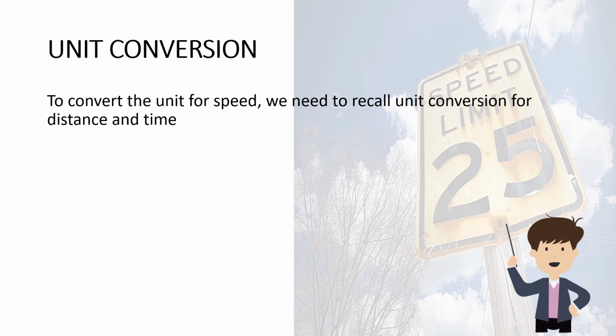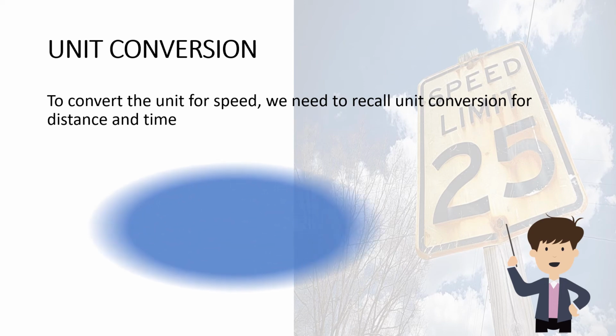Alright, so next we continue to the unit conversion for speed. First we need to recall unit conversion for distance and time. Since speed is equal to distance over time, we will relate the unit conversion with distance and time.